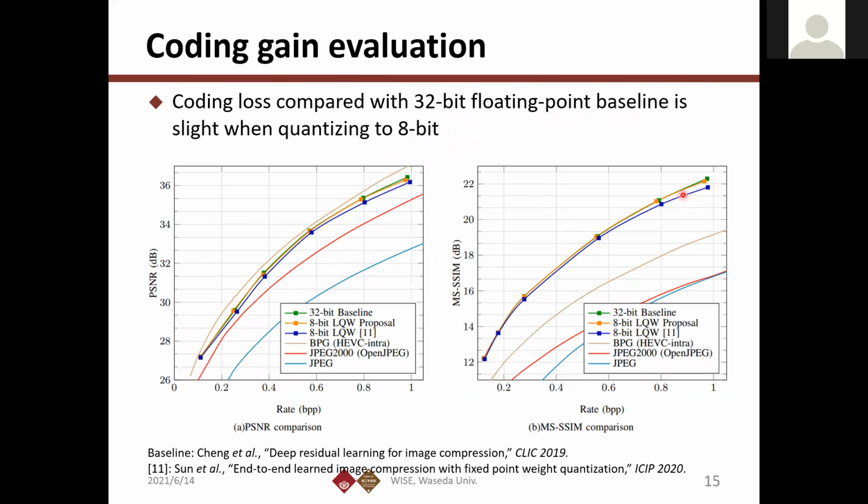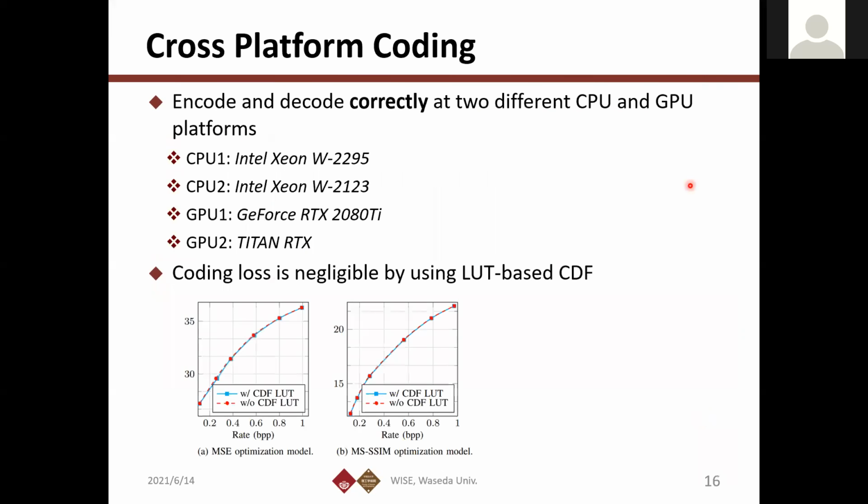The coding loss is quite small. For cross-platform coding, we checked 2 different CPU and GPU platforms and found that all the encoding and decoding are correct. And also by using this LUT-based CDF, the coding loss is quite small, as shown in this figure.